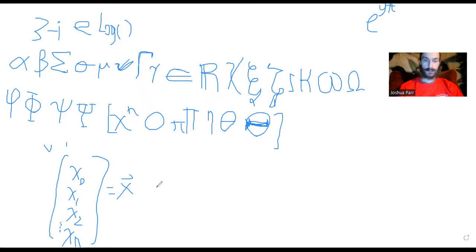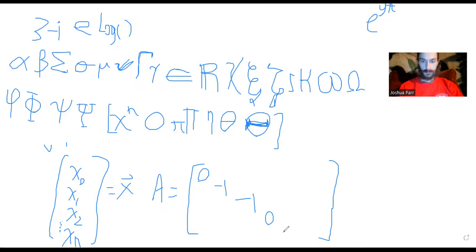And then a matrix. I want the matrix A to be 0, 1, 0, 1, and then I will continue to go, 1, 1, x 0, -1, 1, 0, -1 x.